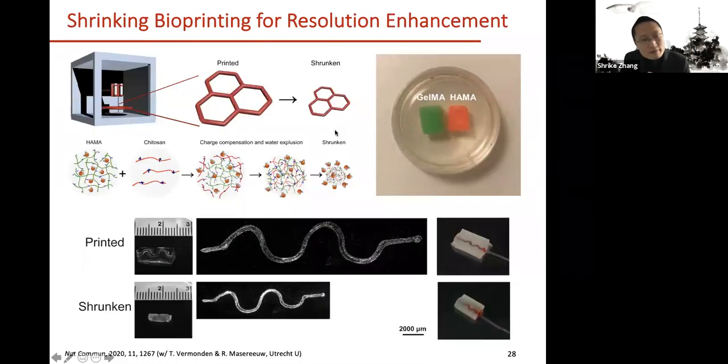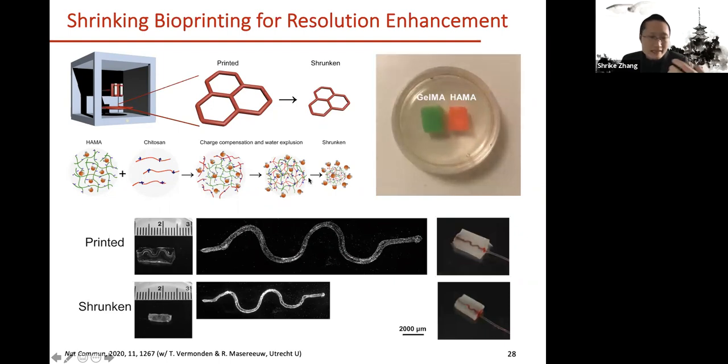A brief mention here: these are based on sacrificial bioprinting, and you can appreciate that these are hollow channels, but they usually have larger sizes, right? So we more recently developed the shrinking bioprinting method, where you can shrink these bioprinted structures to a smaller scale to improve resolution.